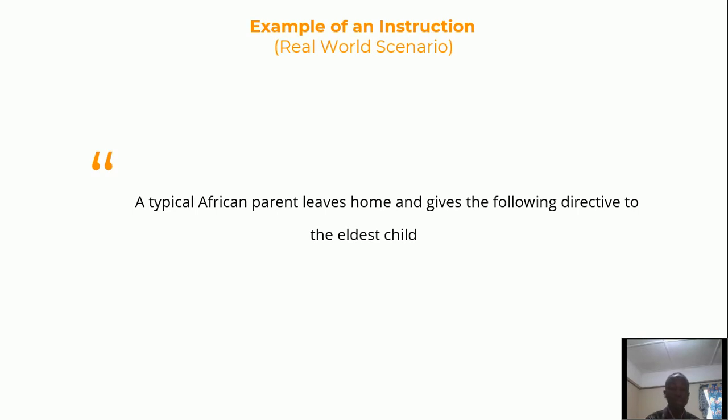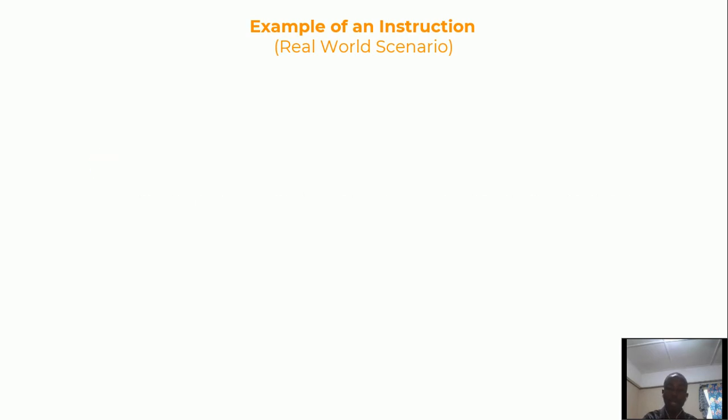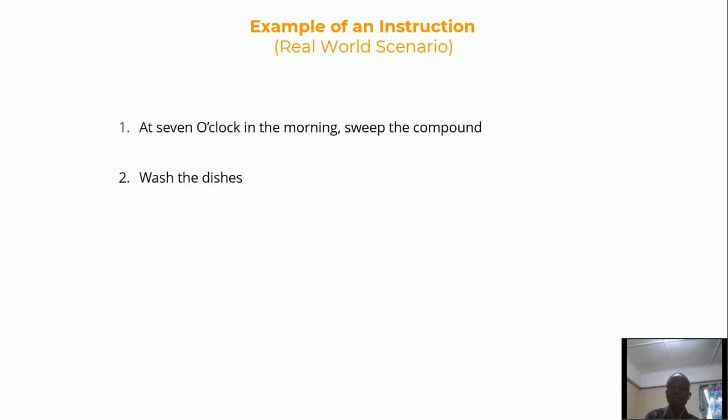As a result, having your African mother leaving the house and then giving you this instruction, Kojo or Kelvin, when you are leaving at 7 o'clock, when I leave, or she wouldn't even say that. She knows that she's giving an instruction because she's not going to be around. At 7 o'clock in the morning, sweep the compound. Because she said this one first, you want to start with this instruction. And then the next one is wash the dishes, bath your siblings.